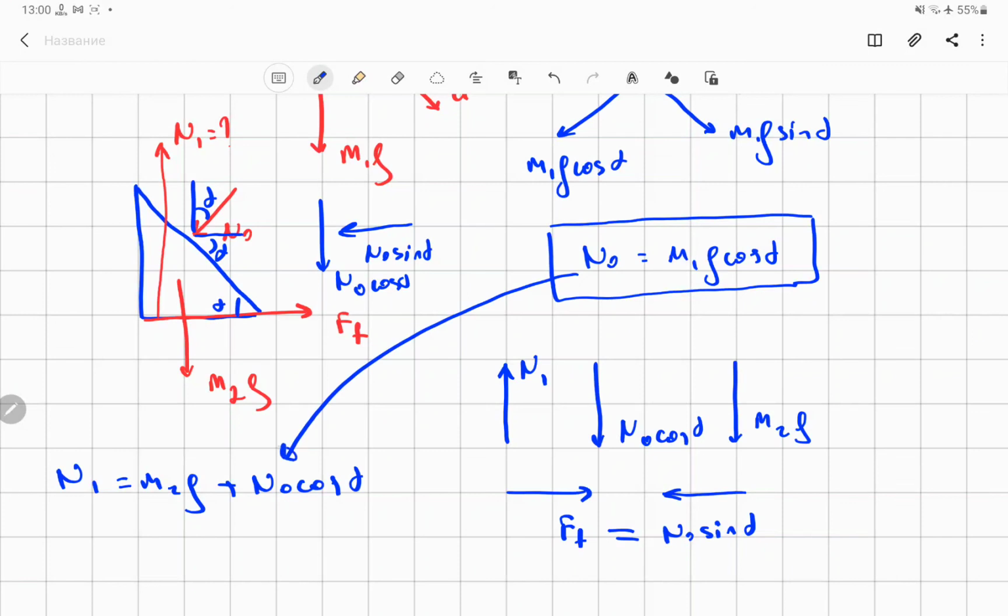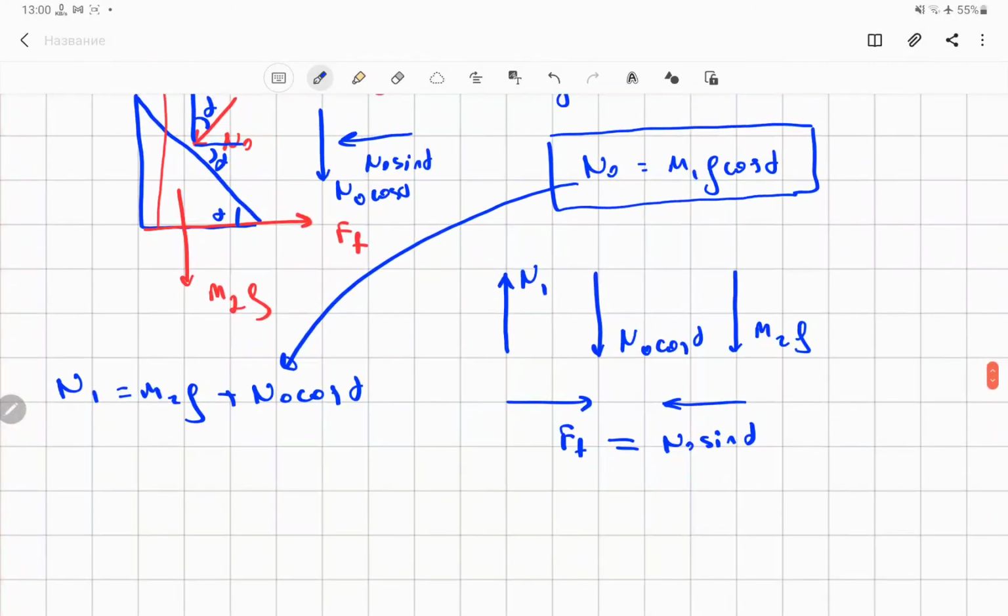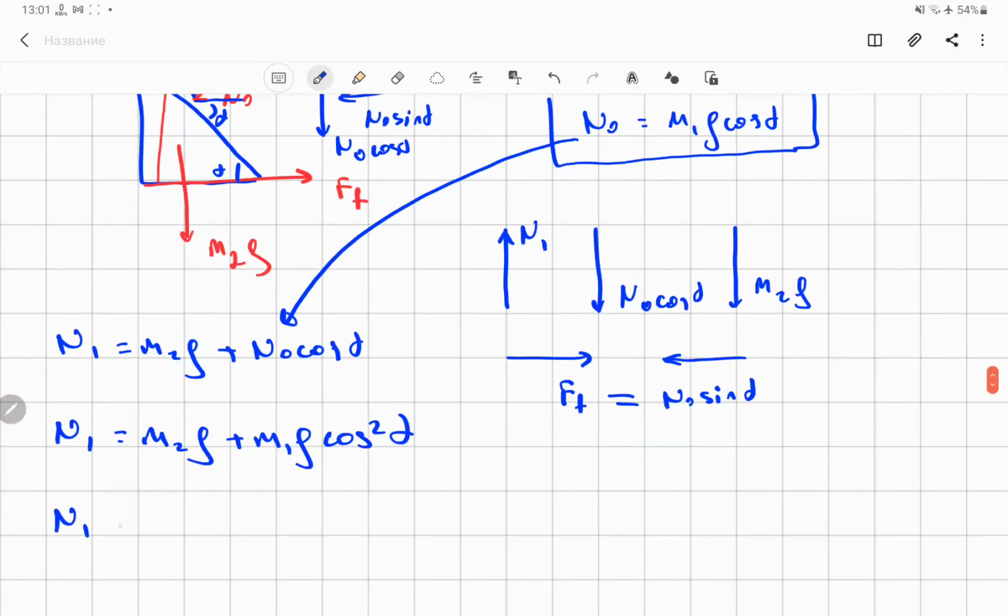N0 is given here, so N1 equal to M2G plus M1G cosine alpha times cosine alpha, it will be square. So let's find it.